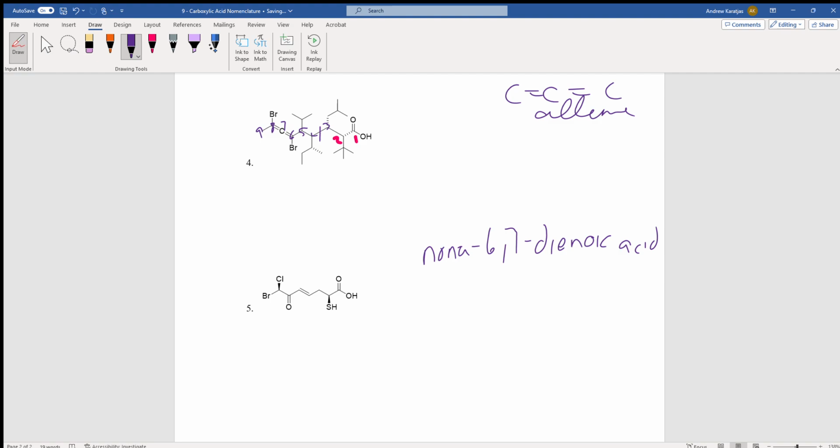In this question, we're not going to worry about stereochemistry at all. We're just going to get the substituents correct. And as you can see, there's a lot of them.